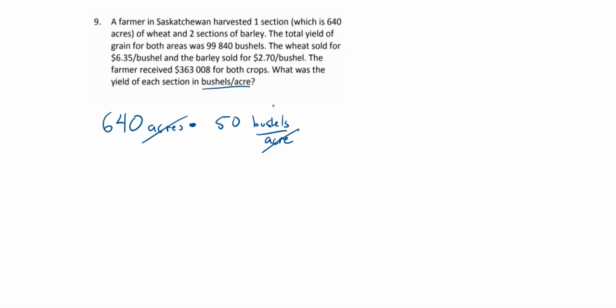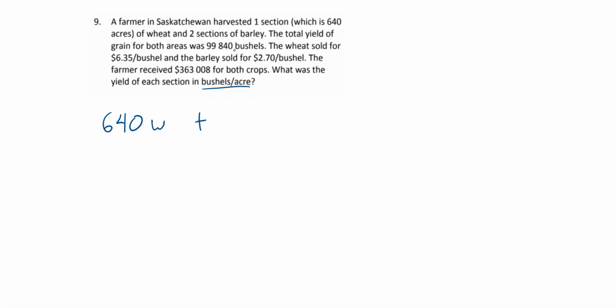Okay, but this is what we're looking for. It's not 50. In this case, this is just going to be our wheat, so it's going to be 640 acres times W. So 640W. And then we're going to add that to the second field.